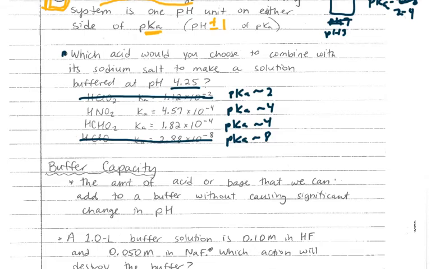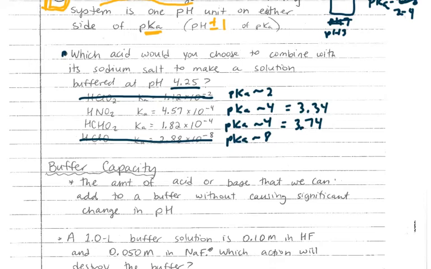Technically, either of them would be okay, but we'll calculate it out to see which one would be best. 4.57 E negative 4, the negative log of that is 3.34, and 1.82 E negative 4, the negative log of that is 3.74.